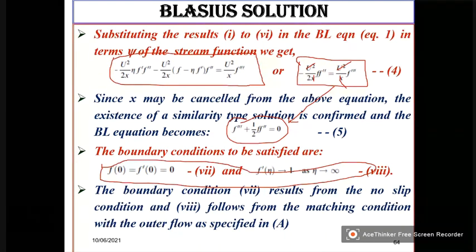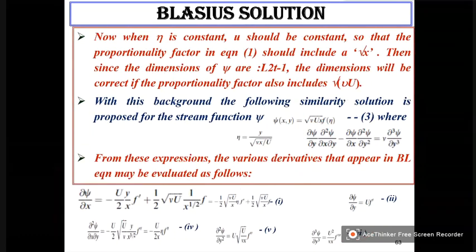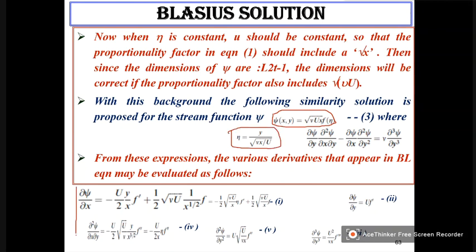Now what I want all of you to do is, using this definition and this, verify this, arrive at them.